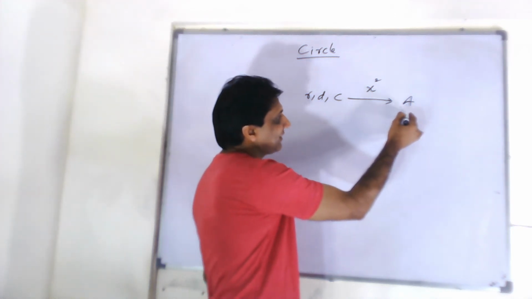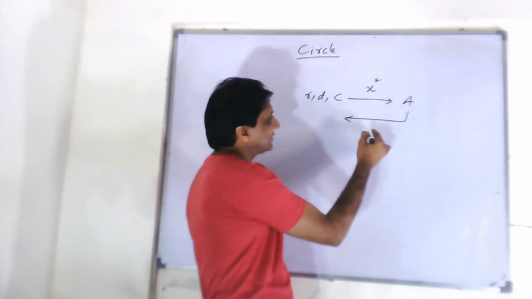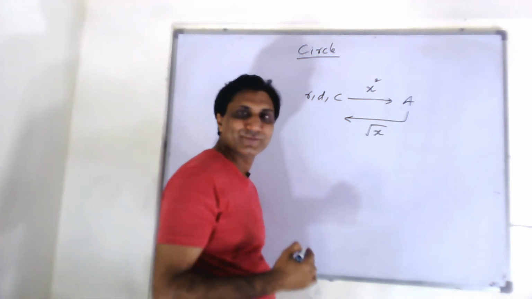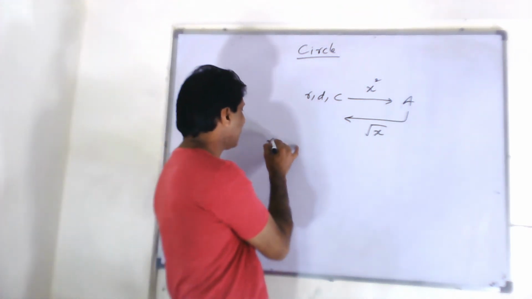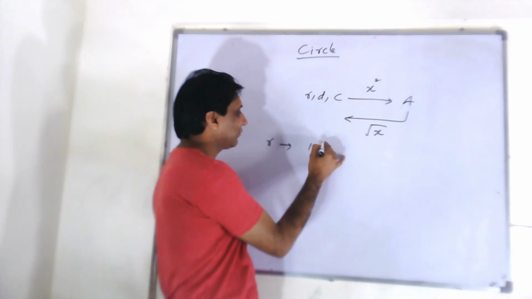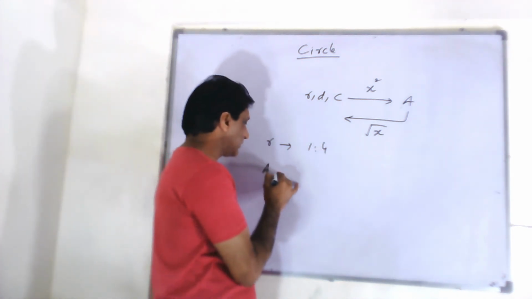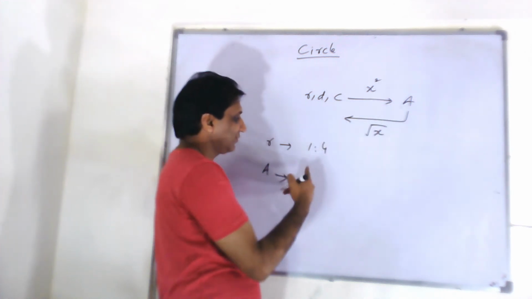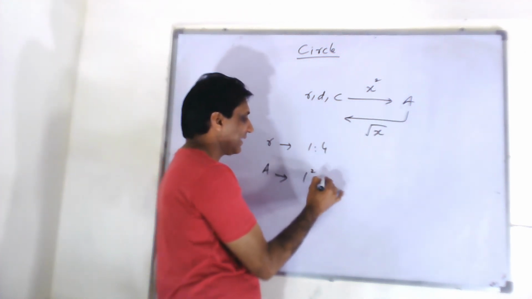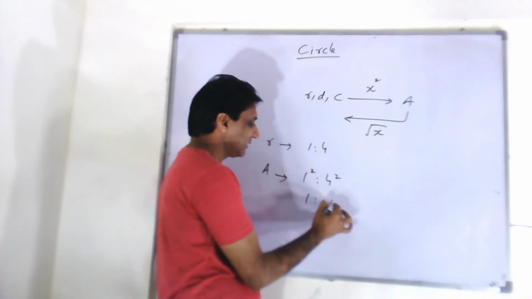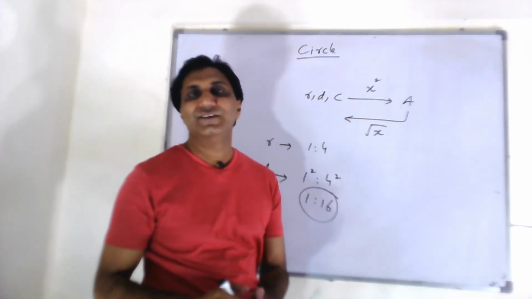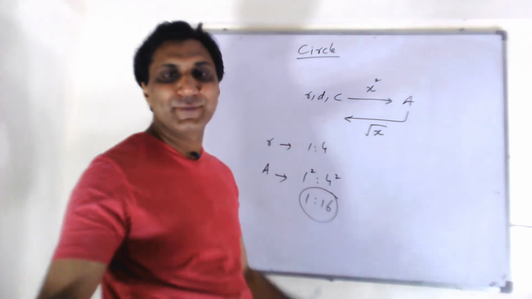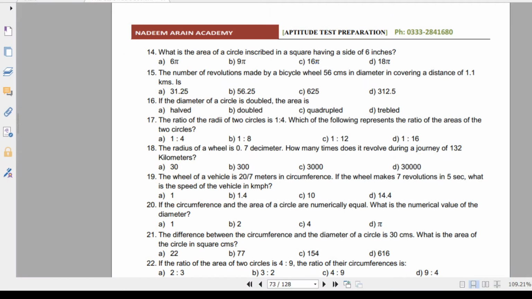And if you are converting from area to any of these, you have to take the square root. So here the ratio of radii is 1:4 and you need to find the ratio of areas. So you are going from radius to area, so you take the square of these, 1 square and 4 square. That's 1:16. So just remember this. The answer to question number 17 is 1:16, that is D.